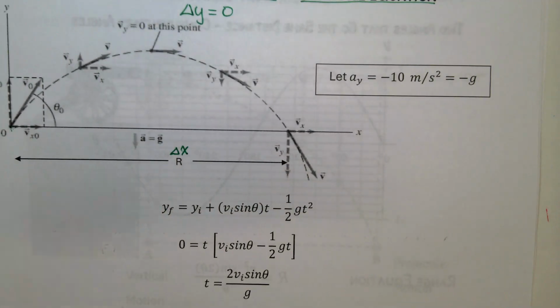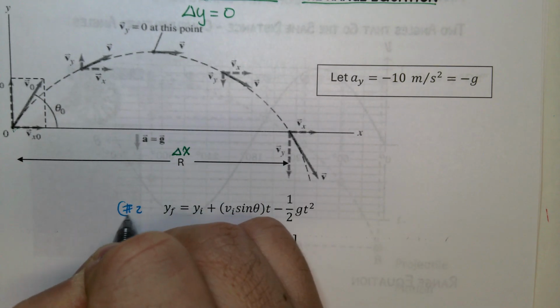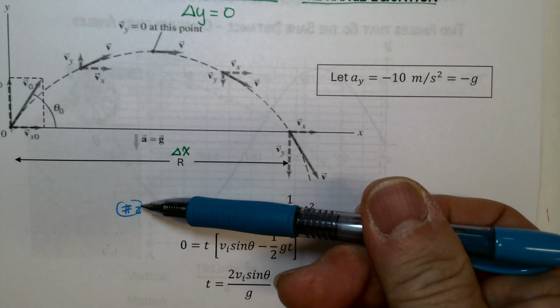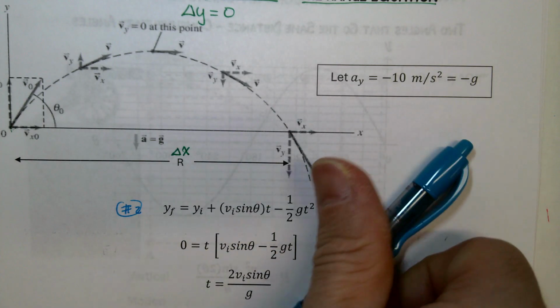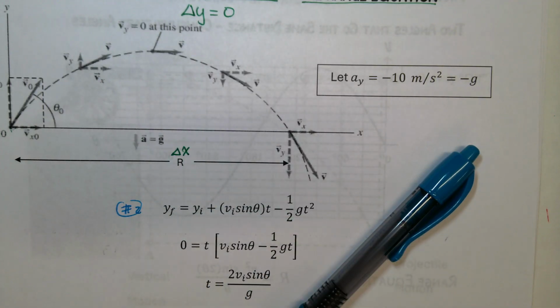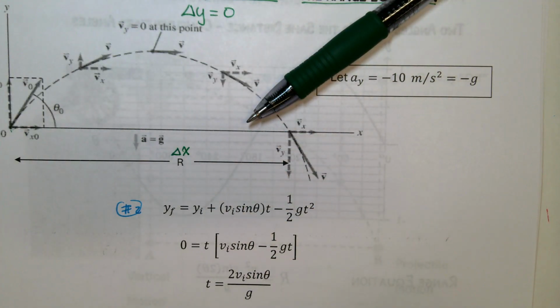To show you what I mean by that, if I use the equation number 2 for the y direction, now notice I'm using y's with my aquamarine blue to represent air and sky, and I'm using my green as my green field along the grass horizontal, right? So I'm trying to do color-coded there.